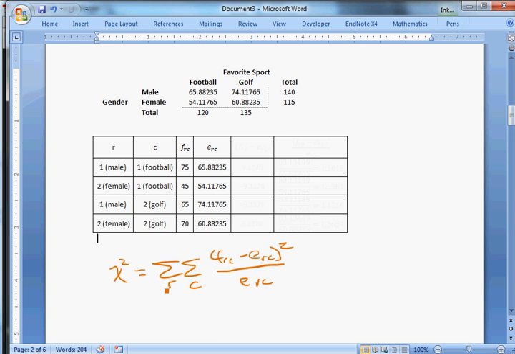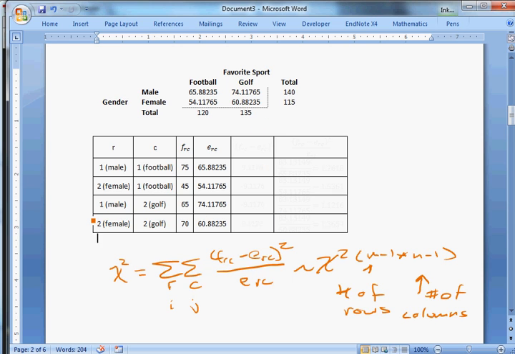You might see this sometimes as the rows indexed by I and the columns indexed by J. It doesn't change anything, right? The letter you use does not matter. And remember, this is distributed chi squared with (n minus 1) times (m minus 1) degrees of freedom, where that's the number of rows and this is the number of columns. This is all in the notes that are also available on the Blackboard site for those of you who are taking the class. And for those of you who are not, well, now you know.